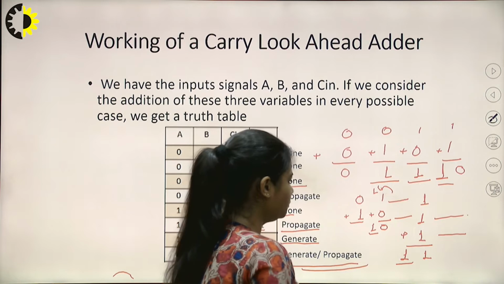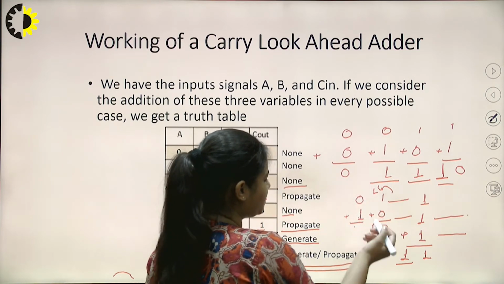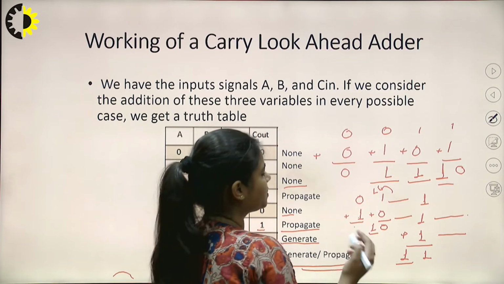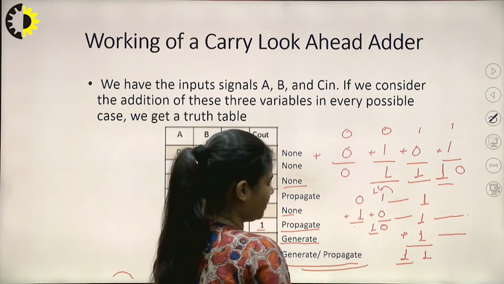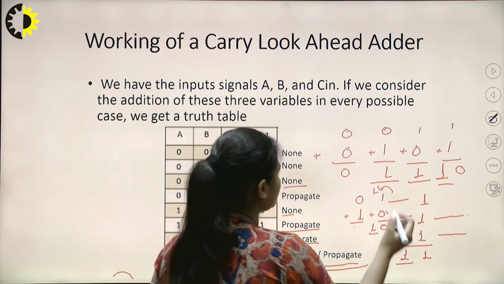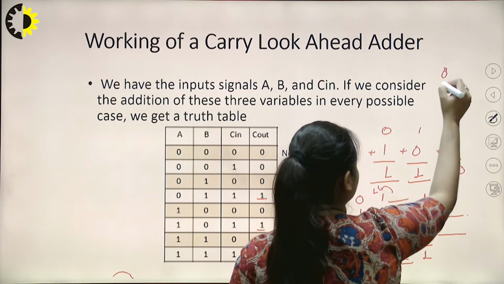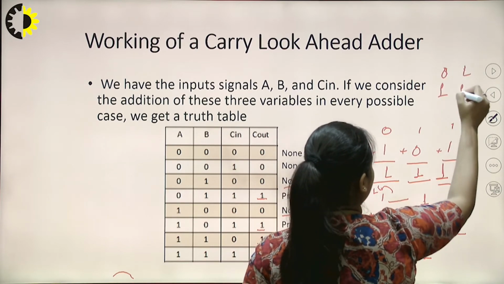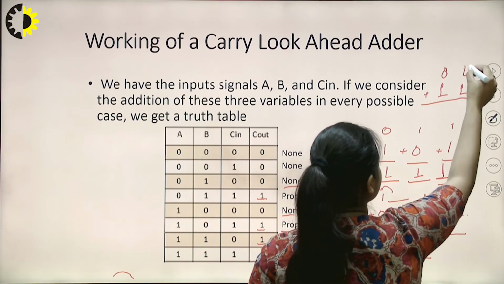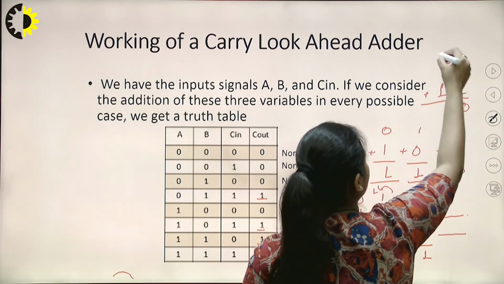This carry will be called a propagated carry. Again, in this calculation you can see that the sum is 1 and no carry. But suppose some number is generating a carry like this. Here 1 plus 1 is 0 and it is generating a carry to this one.